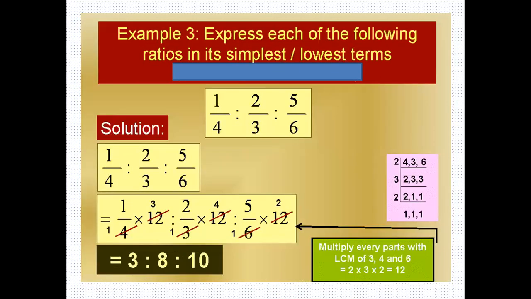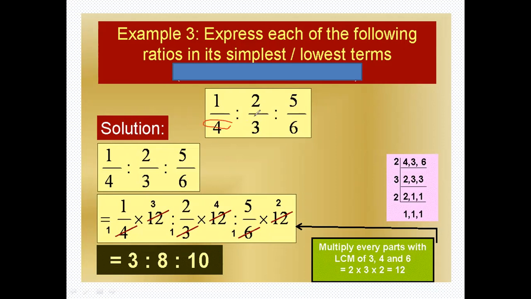Okay, this next example. Who was the one who asked how to convert a fraction? I remember last time someone asked how to convert a fraction into a decimal. Now take a look: 1/4 is to 2/3 is to 5/6.